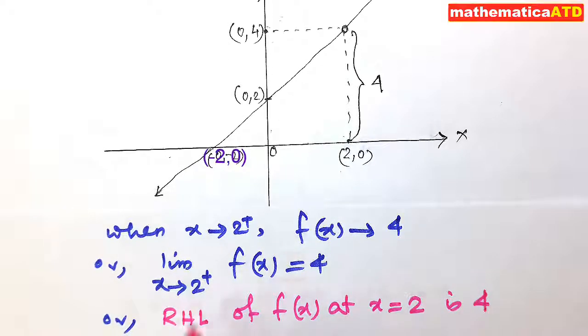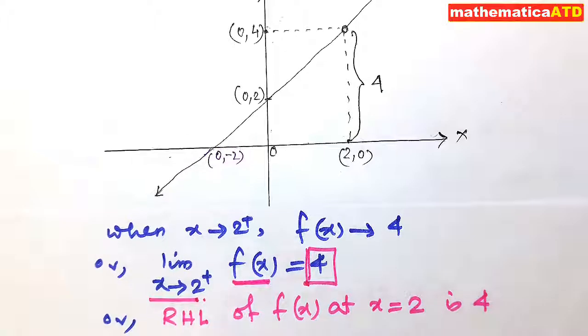Thus limit x tends to 2 plus of f(x) is equal to 4 means that when x tends to 2 from the right hand side, then the value of f(x) will tend to 4, isn't it?